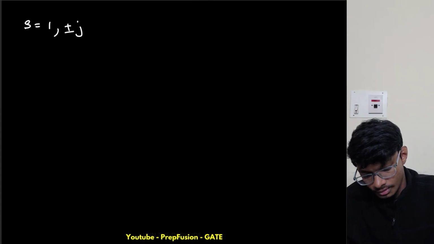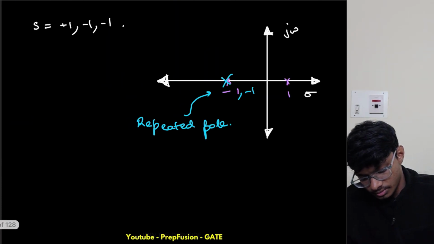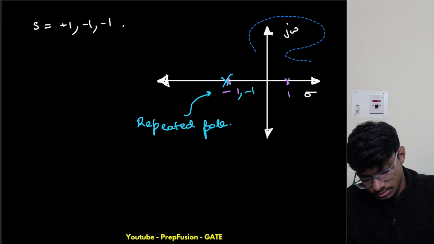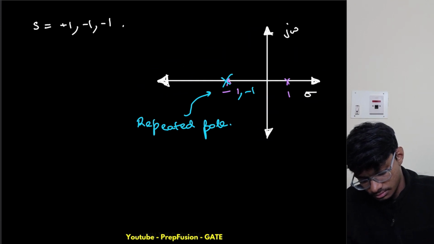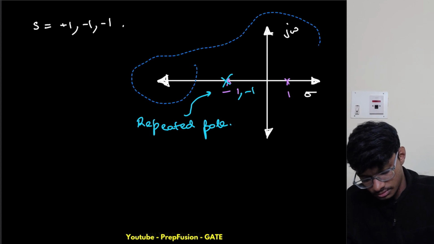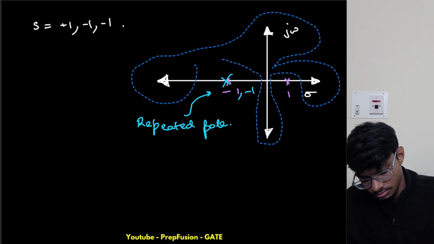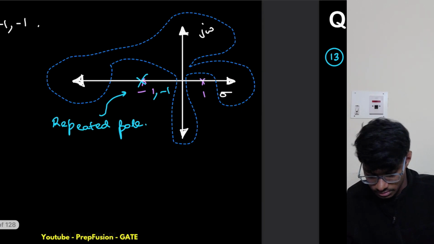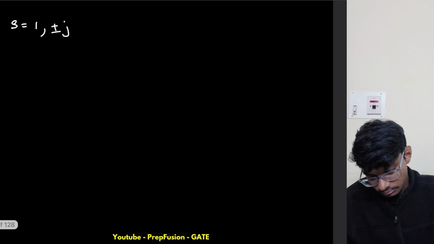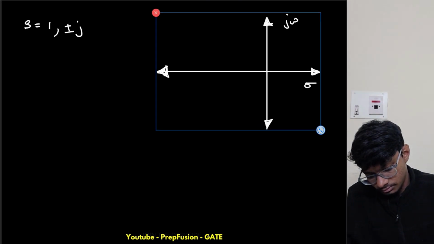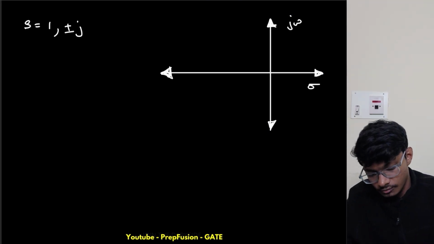So let me copy this one because this will again take time. So 1 is lying on the right hand side, s equals 1, right?